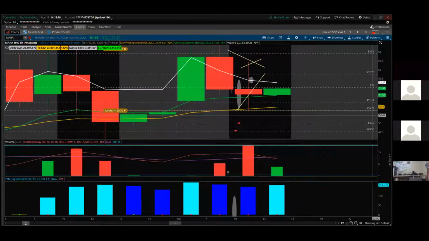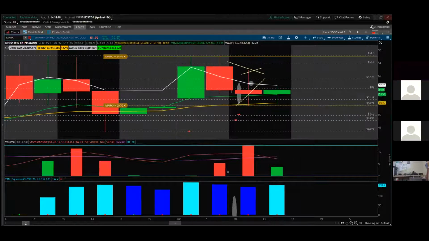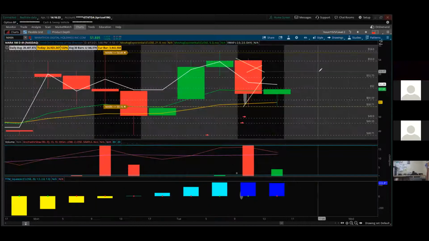But just be careful because Coinbase is, with the IPO this week, crypto is just being really wacky. Who's to say Bitcoin cannot make another all-time high overnight. So just be careful with that, because Mara and Riot are very good in the longer term, within a month, maybe 2 months. But in the shorter term, they could be a little bit bearish because they have done decently well recently.